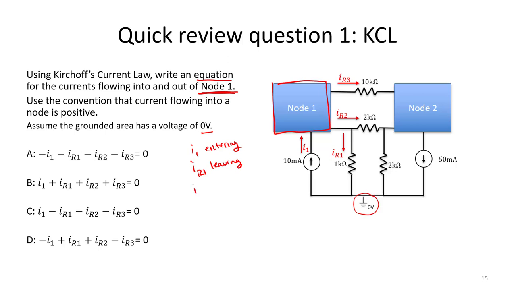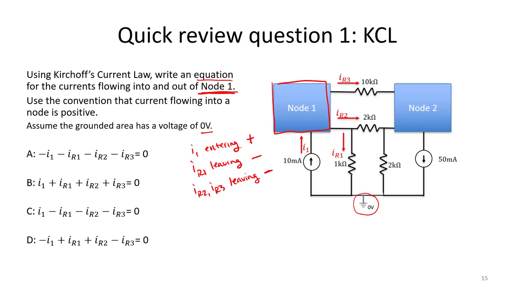And then we also have IR2 and IR3 also leaving. So remember, if we apply the bank account convention, that means that since I1 is entering node 1, that gets a positive sign. The other currents that are leaving get negative signs.